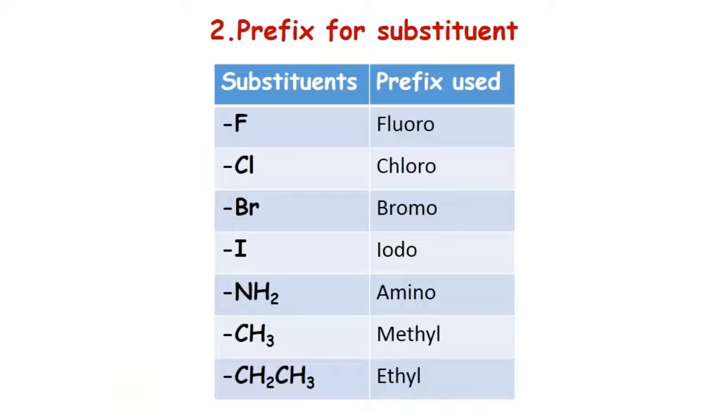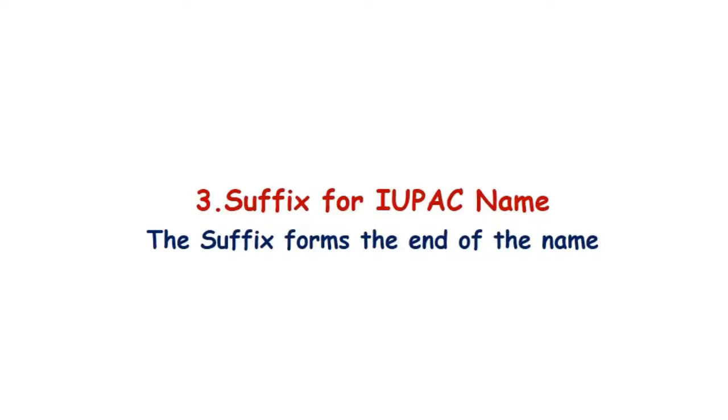Prefixes for the IUPAC name of some substituents: F fluoro, Cl chloro, Br bromo, I iodo, NH2 amino, CH3 methyl, CH2CH3 ethyl.